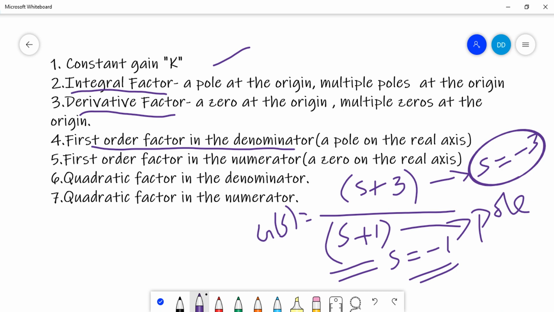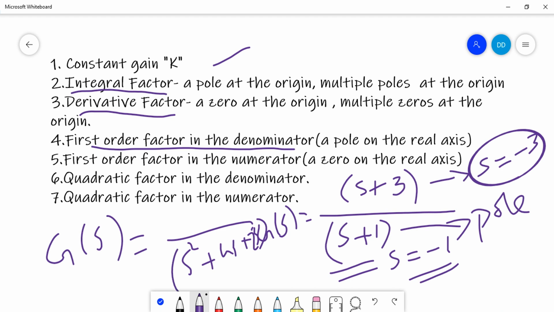Then we have a quadratic factor in the denominator. That means, say, in the denominator we have s square plus 4s plus 25 of that kind. Then we have a quadratic term, so a quadratic factor in the denominator. Similarly, we can even have a quadratic factor in the numerator. This is just an example.